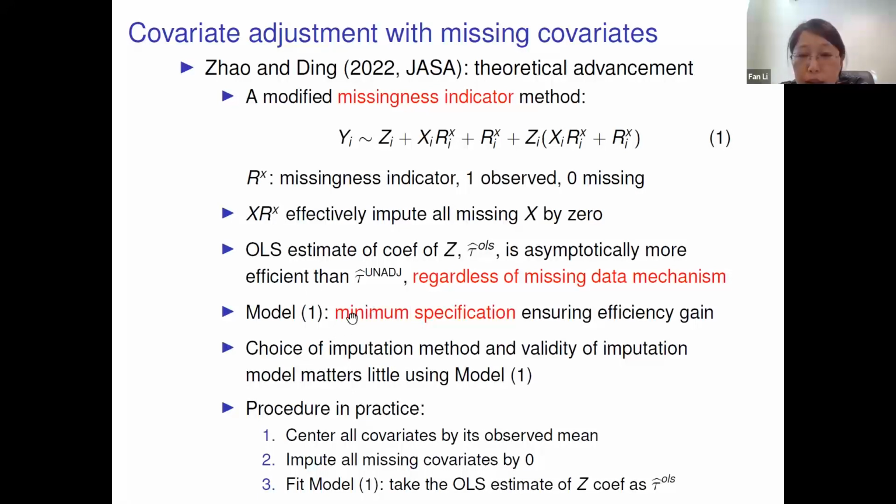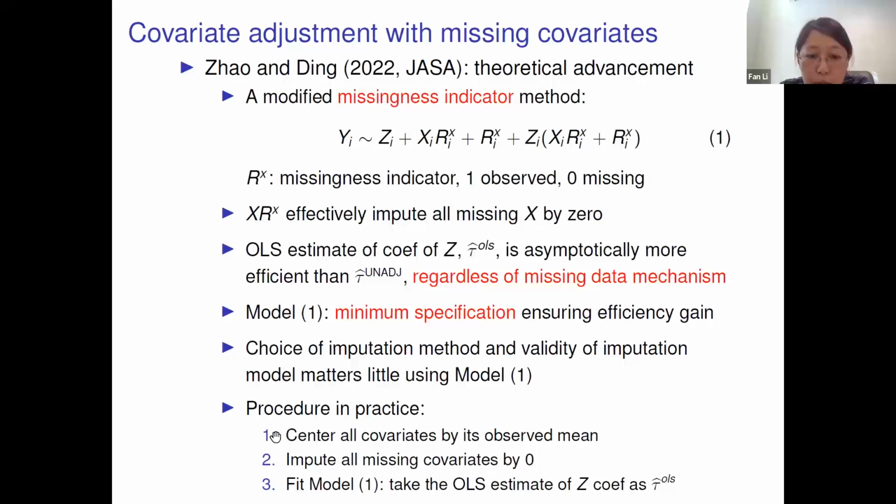And they also show theoretically that once you do this model, the choice of imputation method, and even the validity of the imputation model, matters very little. That's not surprising, because if you look at the form, this interaction term effectively imputes all missing data by zeros. So obviously you can just impute by zeros, right?